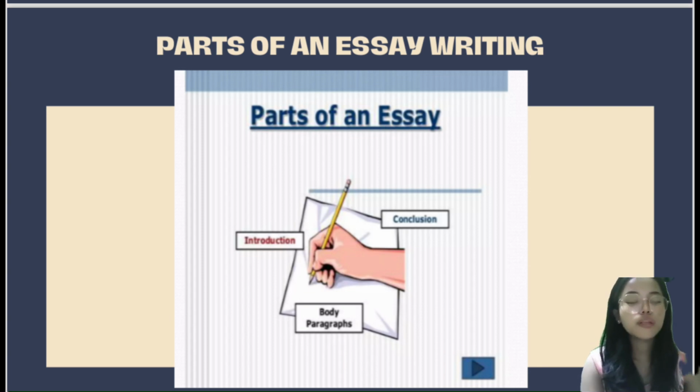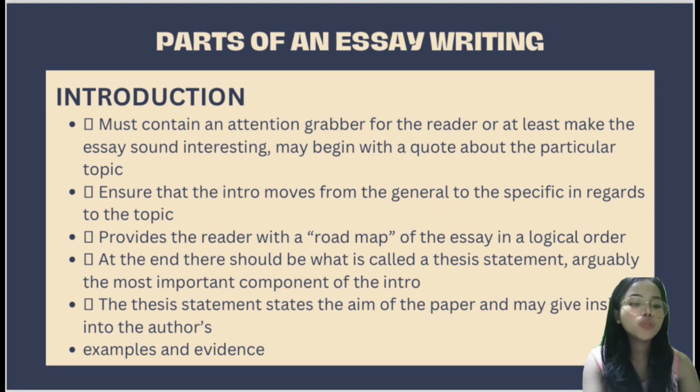Now let's move on to the next part, which is the parts of an essay. We have three parts for the essay. The first one is the introduction, followed by the body, and the last one is the conclusion. For the introduction, we should have a catchy title to catch attention and to encourage our reader to read.